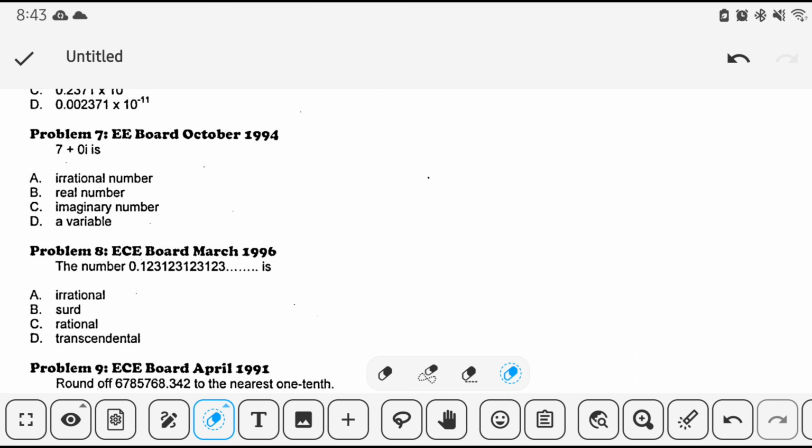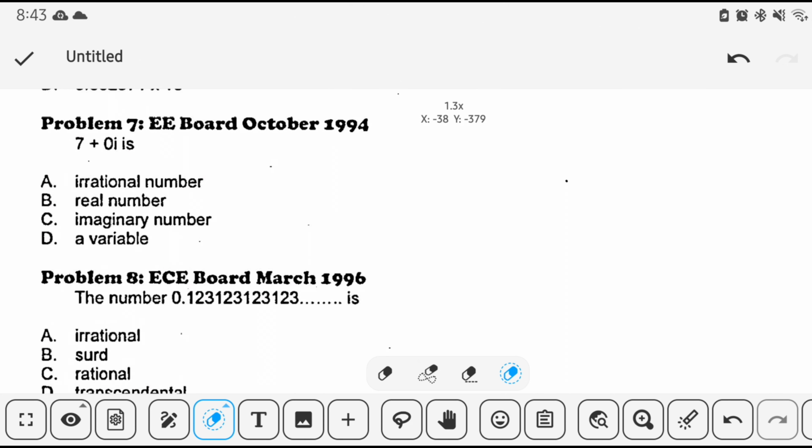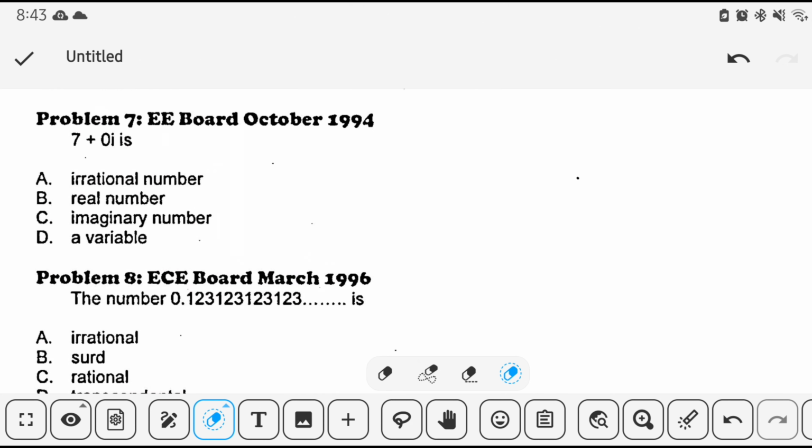Problem number 7, that is from the EE board exam, October 1994. We have 7 plus 0i, what number is it? So we have to evaluate each of the choices to see what is suitable for this question.